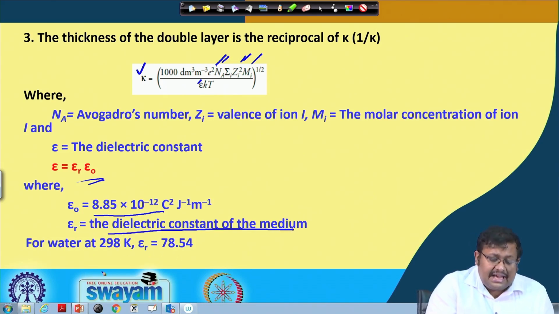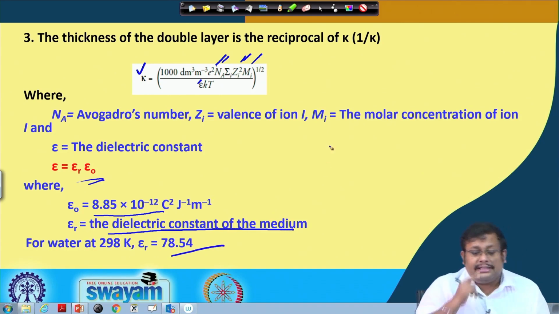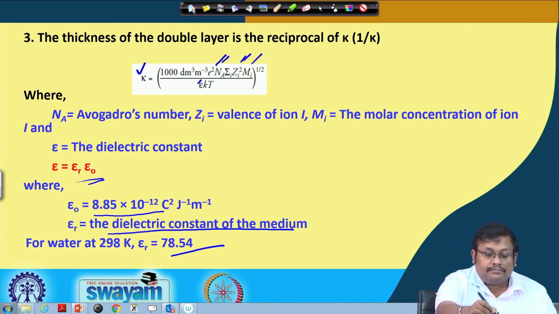For water, this dielectric constant is 78.54 at 298 Kelvin. So, we can put all these values in to calculate the thickness of the diffuse double layer.